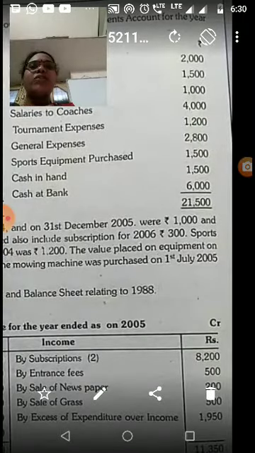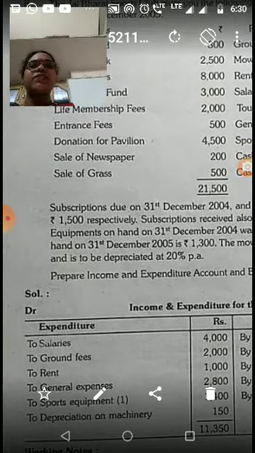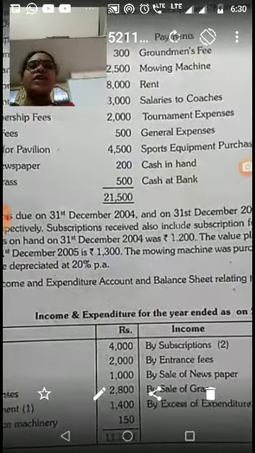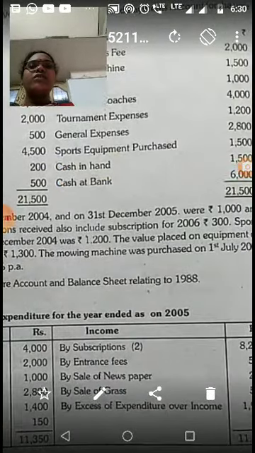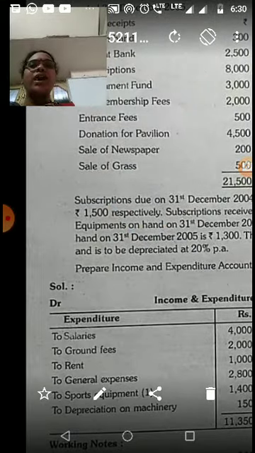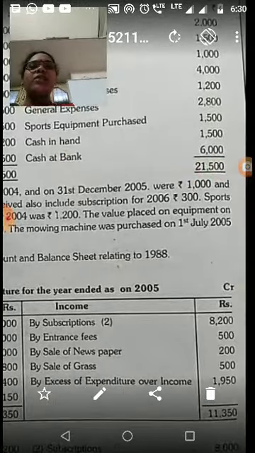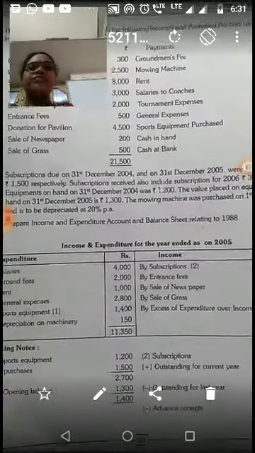The value of sports equipment on hand on 31st December 2005 is 1300. The mowing machine was purchased on 31st July 2005 and is to be depreciated at 20% per annum. Prepare income and expenditure account and balance sheet.